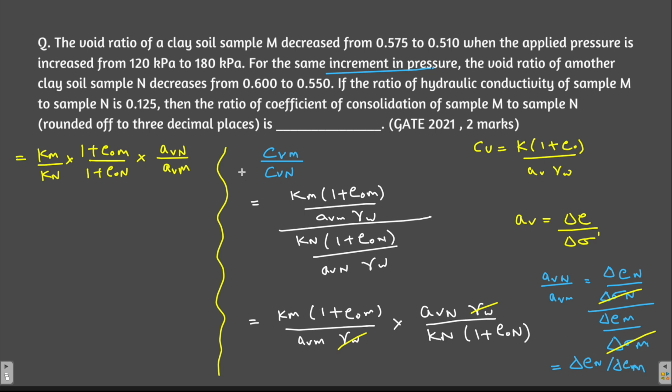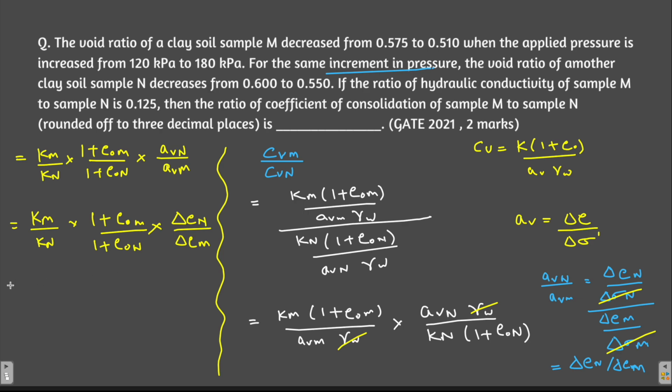So avn by avm can be replaced by, so I'm writing it here, Km by Kn into 1 plus e naught M by 1 plus e naught N into delta en by delta em.